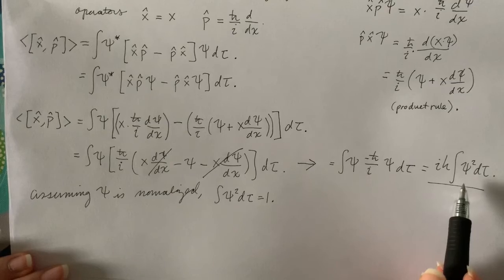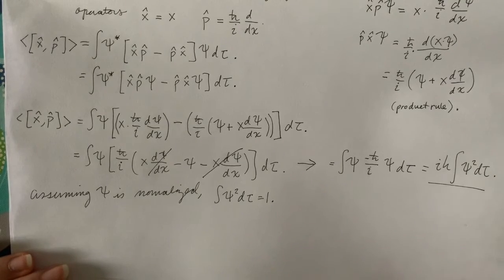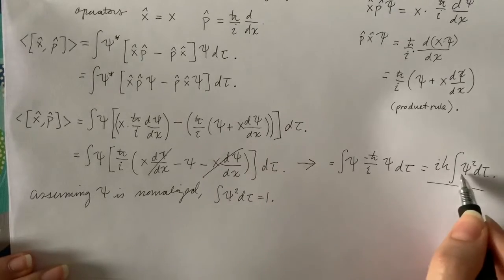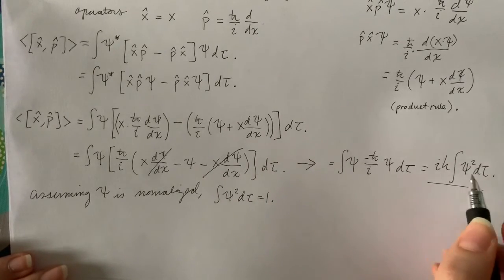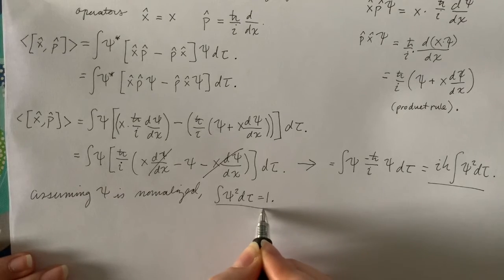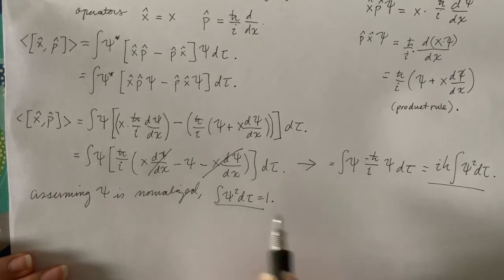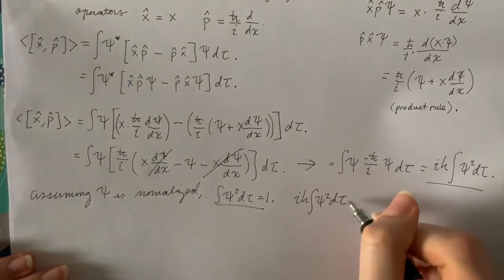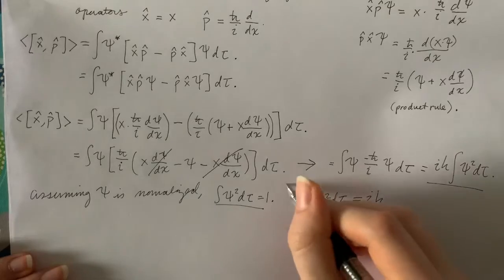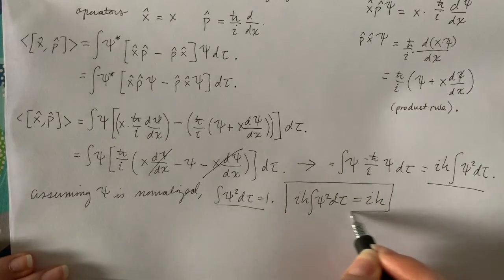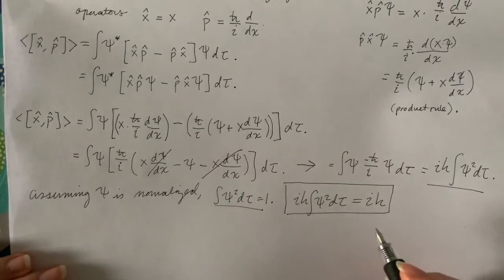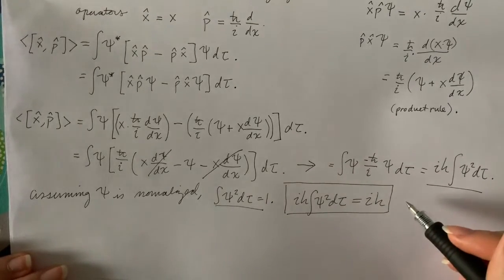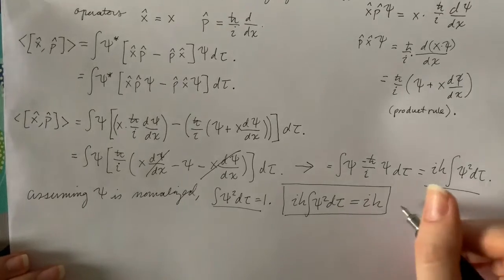The expectation value of the commutator of these position and momentum operators is, we get the integral of psi squared d tau back, and this is our assumption, then it's basically as if we're multiplying both sides by i h bar. So this is how we know that the expectation value of the commutator of these two operators is i h bar.